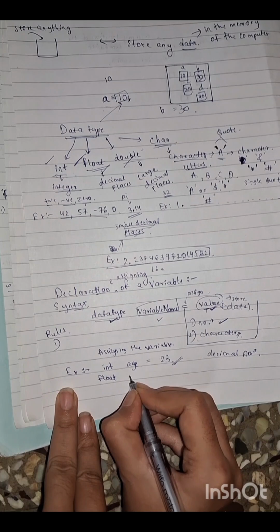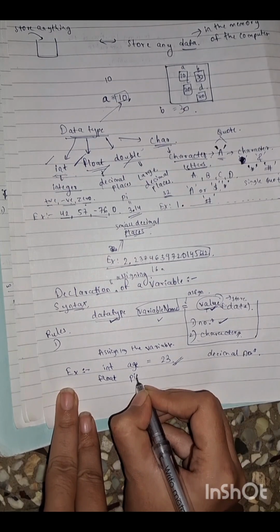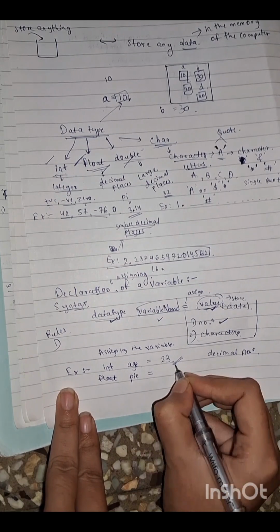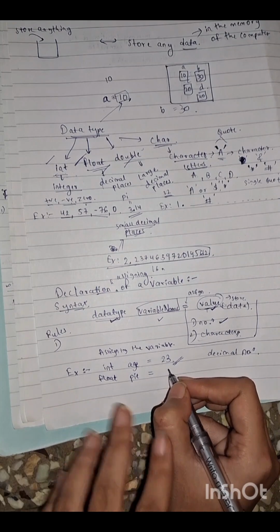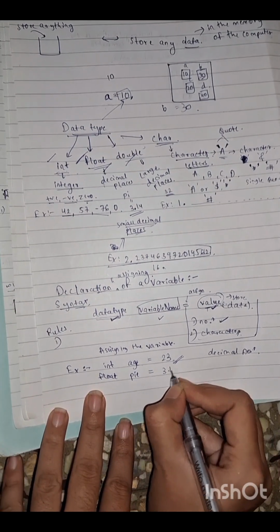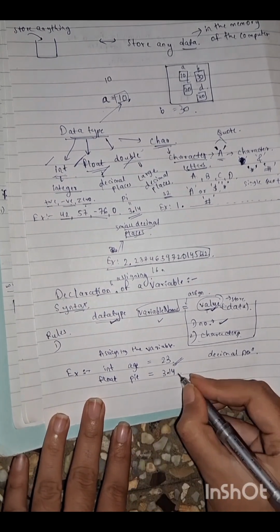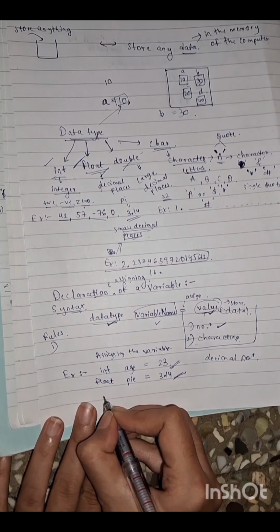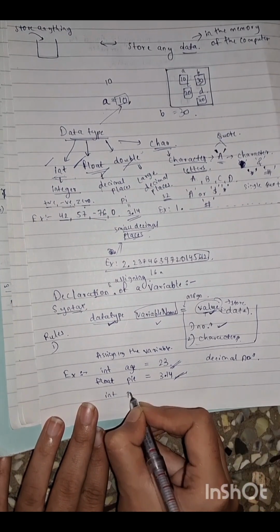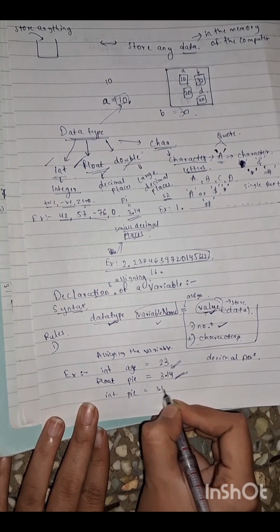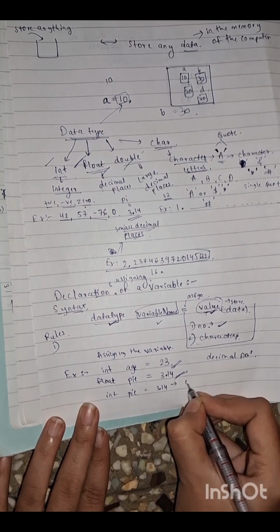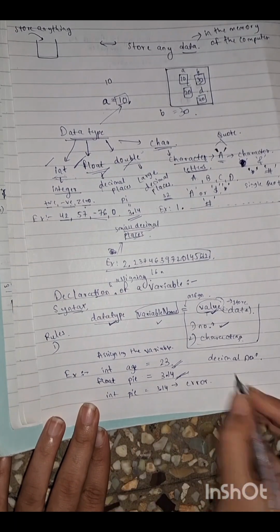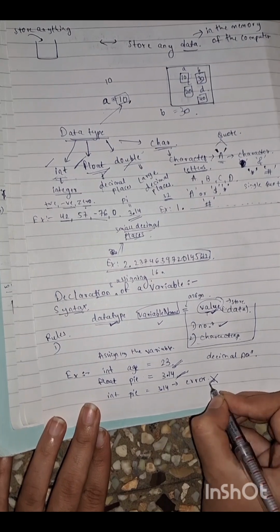Like I want to store the value of pi, so I write the variable name as pi, equal to, and assign a float. What is the value of pi? 3.14. Okay, this is right. If I write int pi and store decimal places here, the compiler will give us an error. Okay, this is wrong.